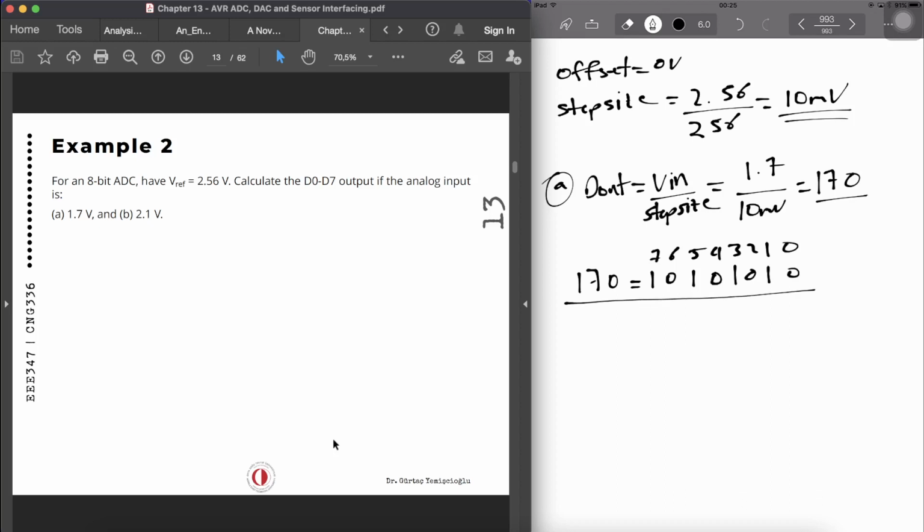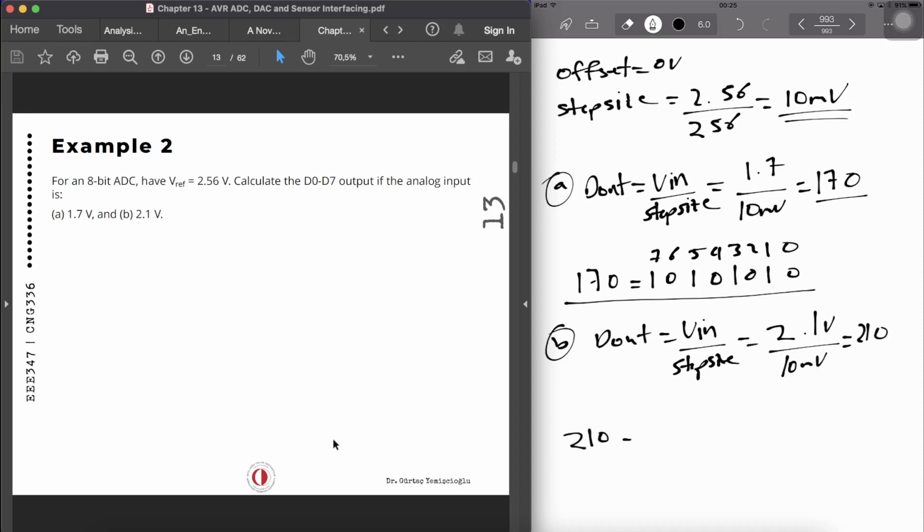Okay, and we repeat the same thing for part B. D out equals V in over step size. So V in is 2.1 volts divided by 10 millivolts, which equals 210. So for 210, once again, bits 7, 6, 5, 4, 3, 2, 1, 0, 128, 64. So 32 is going to be 0.